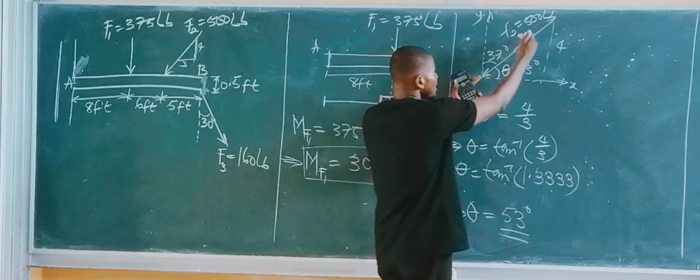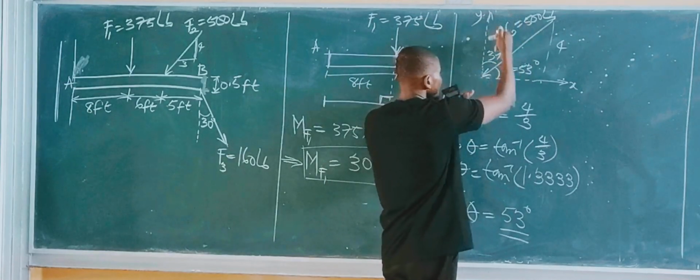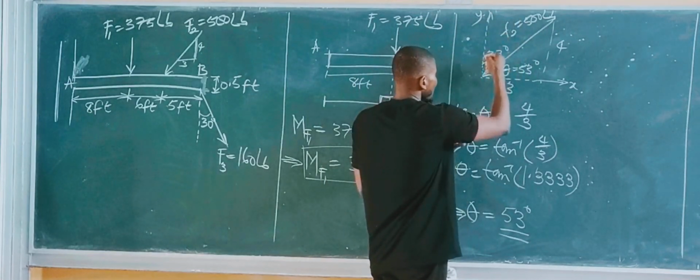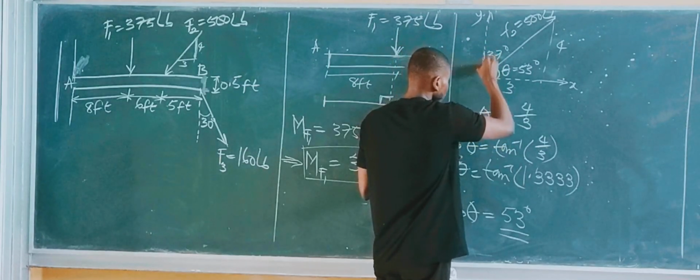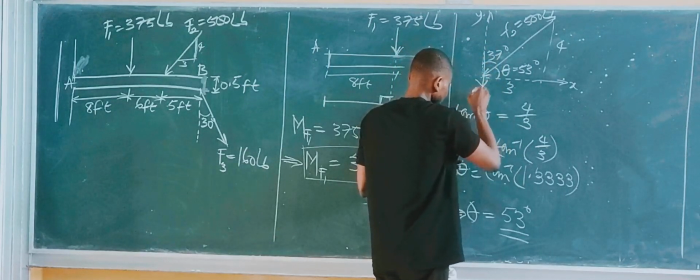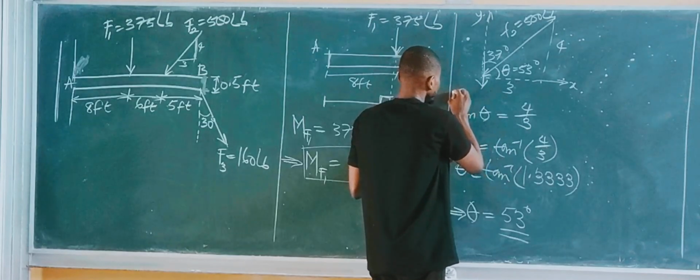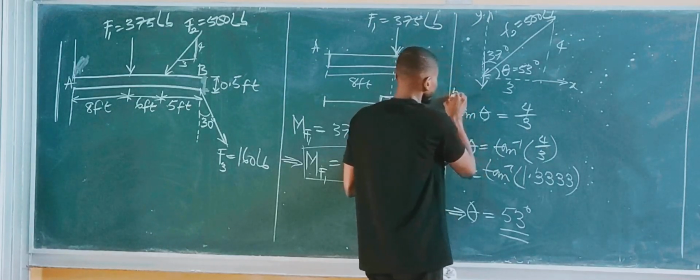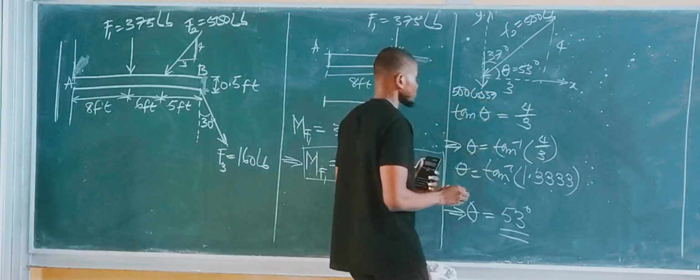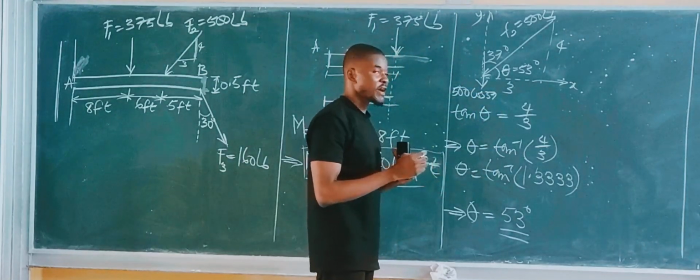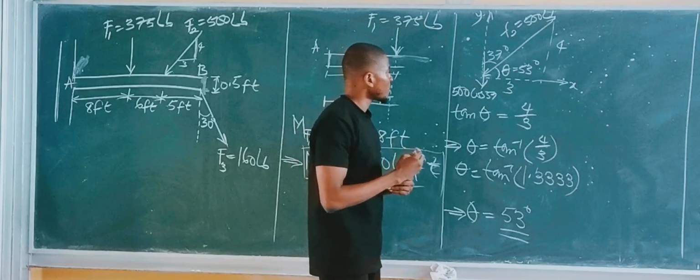So if I hold this force and put it on this line, it will pass through this angle, 37 degrees, and this force will point downwards. Therefore, the vertical component of this force becomes 500 cos 37.